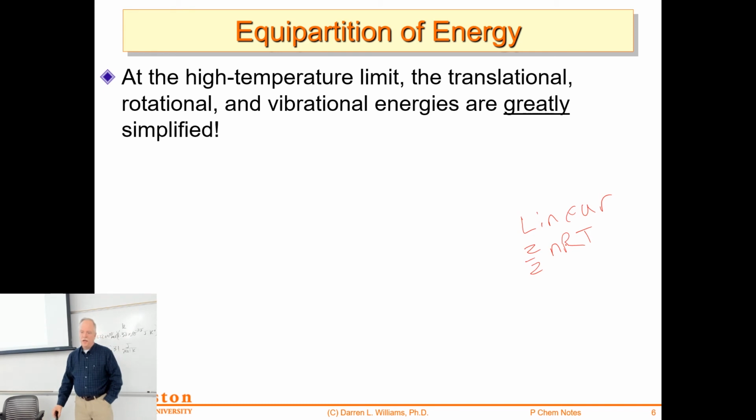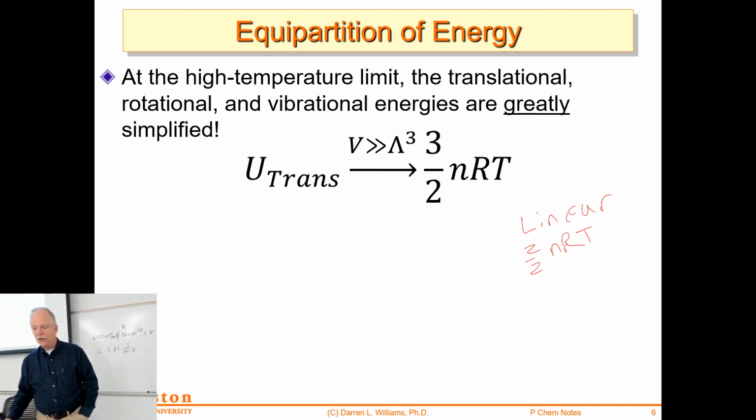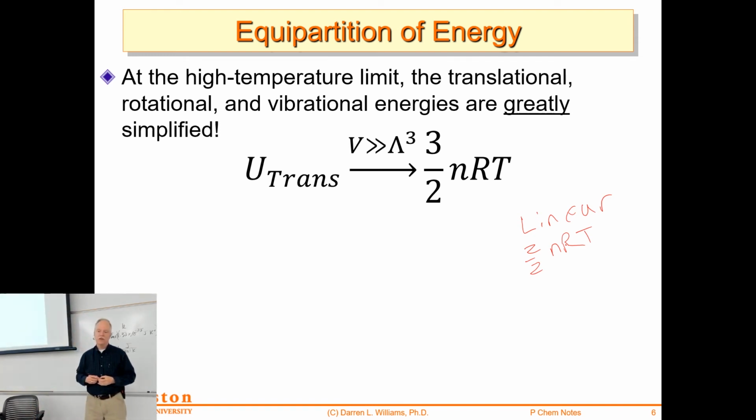Okay. And so then at high temperatures, remember we saw some really dramatic simplifications for rotational partition functions and so on. And so this energy for translational motion simplifies to 3/2 nRT. So it's just gas constant times temperature.